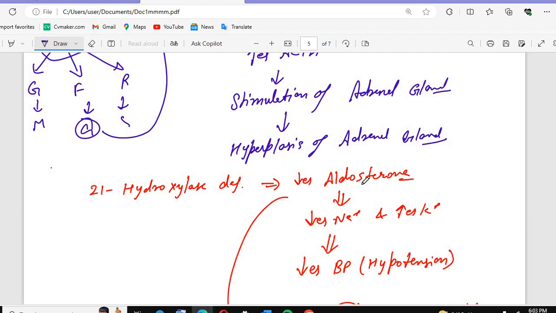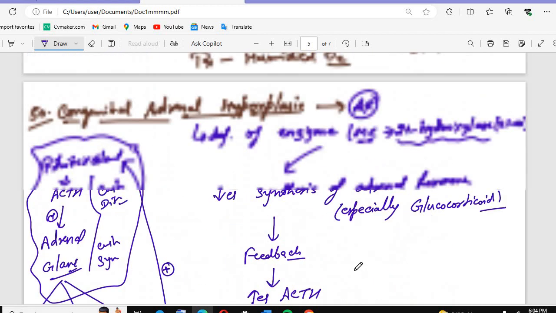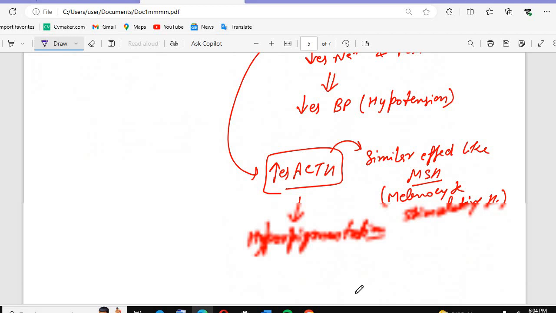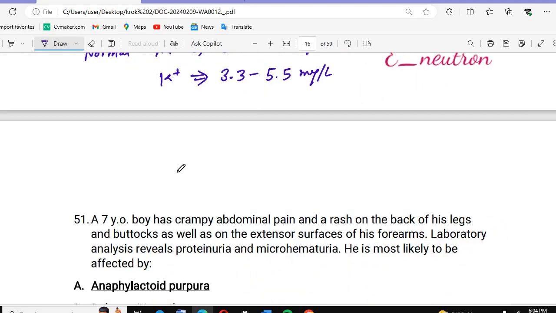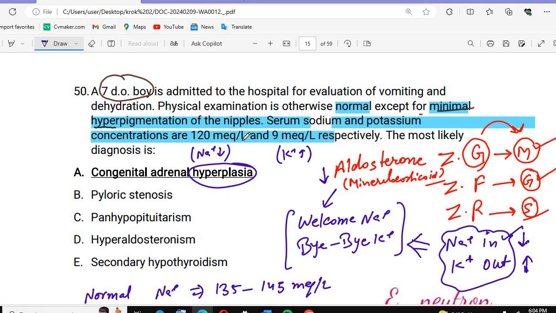Because the enzyme deficiency is present from birth, we call this condition congenital adrenal hyperplasia. The 21-hydroxylase deficiency can also lead to a decrease in aldosterone, due to which sodium will be decreased and potassium increased. That's what we are seeing in the questions.